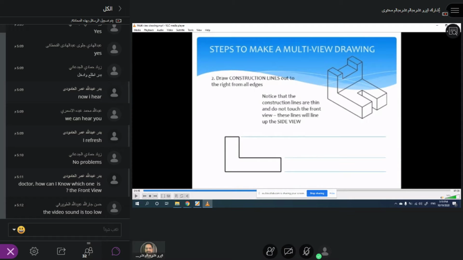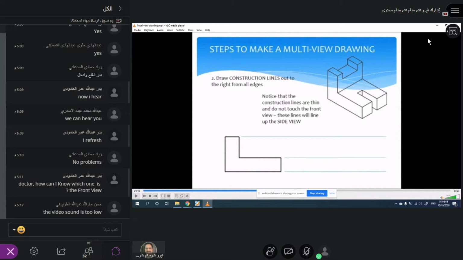The objects should always be dark, thick lines, drawn using a thick HB pencil. And the construction lines must be drawn using a thin line, with a 2H pencil.